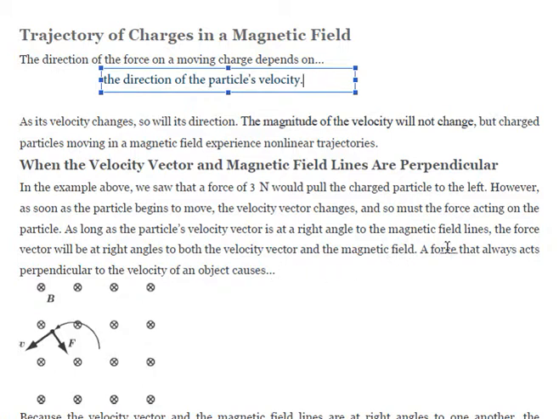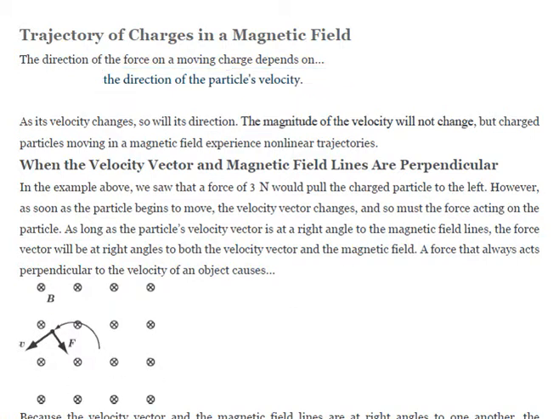So if you have a force that's always perpendicular to velocity, I'm not sure how much you remember from last year about circular motion, but that's kind of what we have going on here. The force is always pulling in towards the middle of this circular path it would trace out.